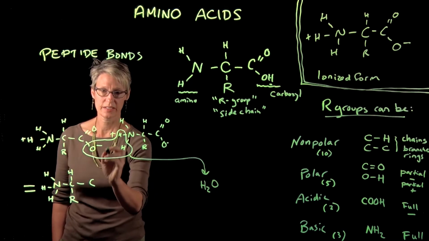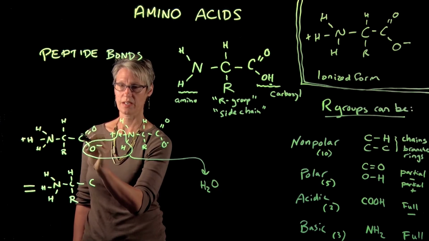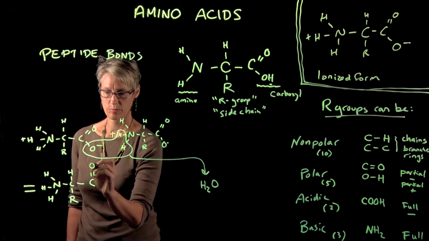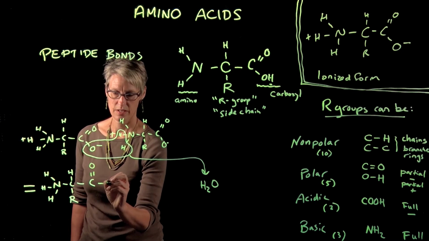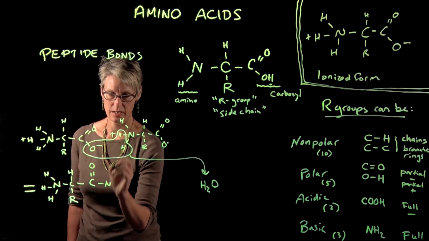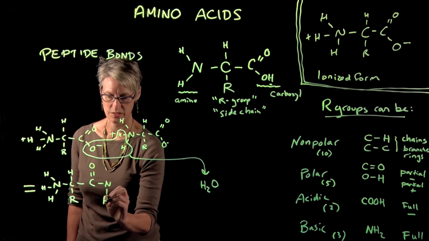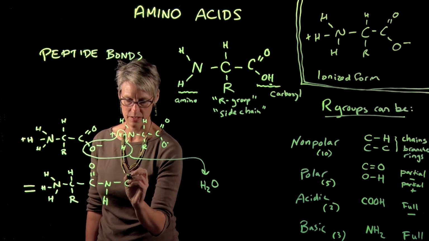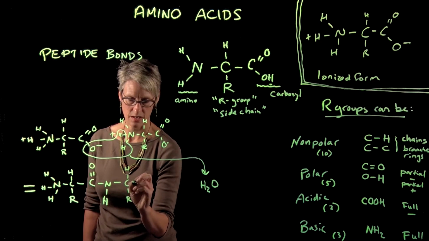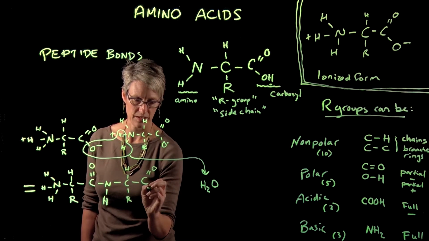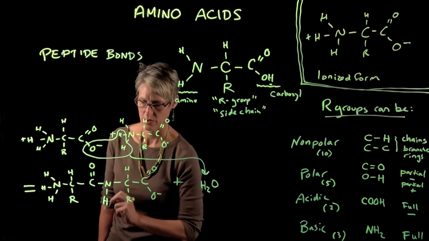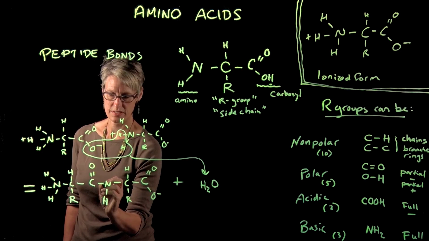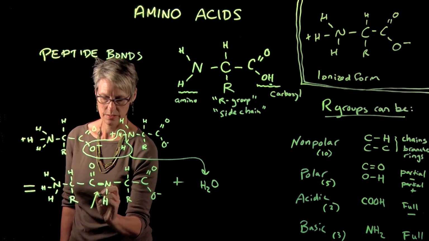And what's left behind is now a new bond between the carboxyl carbon and the amino nitrogen. And it looks like this. There's that double bonded O on the carboxyl. There's our nitrogen, and it's got 1 hydrogen left, and I'm going to draw it down here because that's how it would normally be oriented. And then there's our carbon, there's our H, there's our R, and then there's the other carboxyl group. Okay, so the peptide bond is the new bond that was formed, this guy right here. So there's our peptide bond.